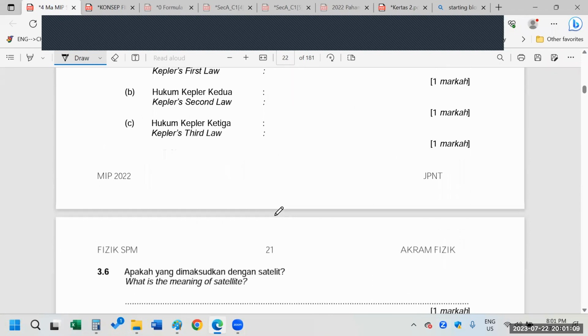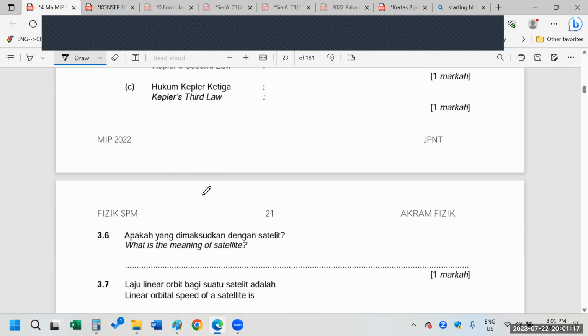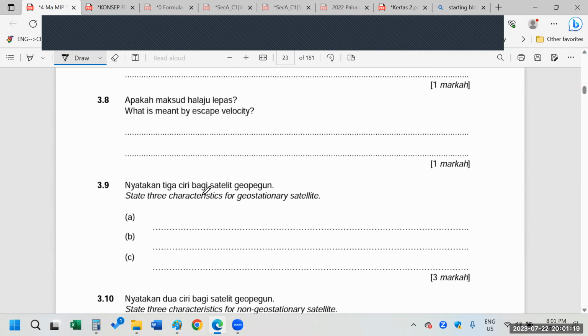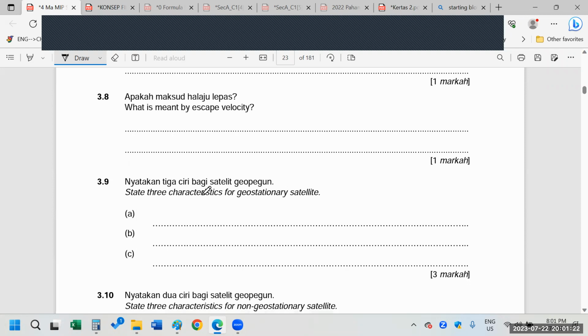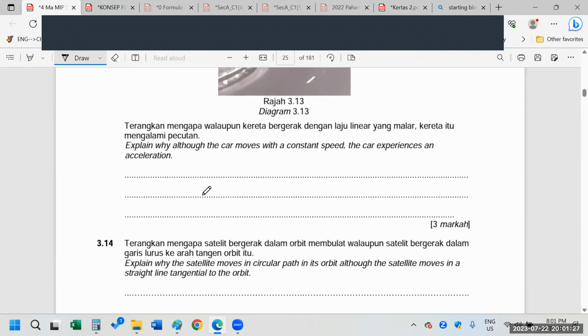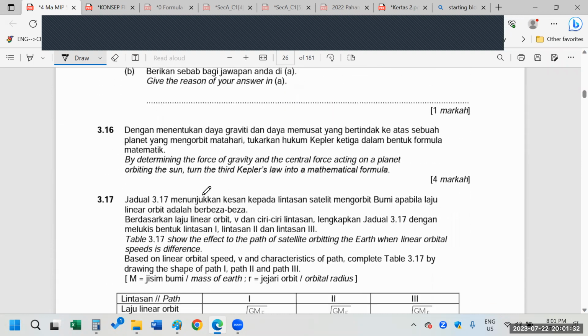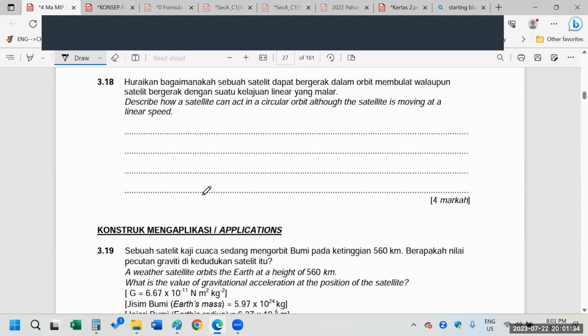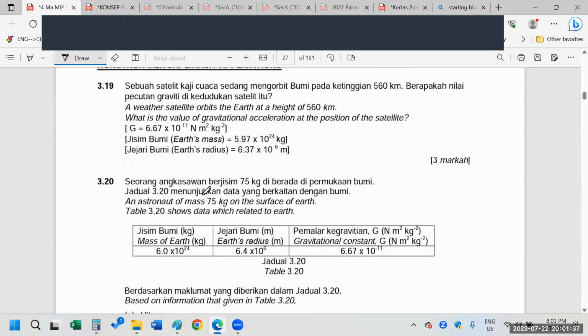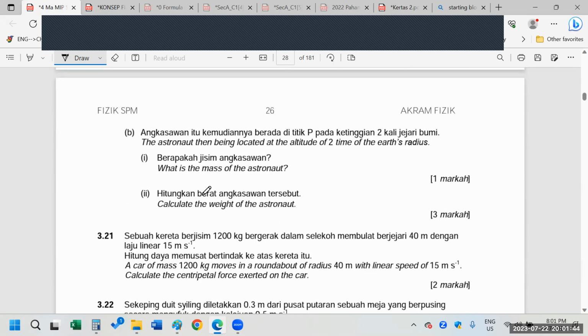So 8 o'clock already. I must know what is Kepler's first law, second law, third law. Then the basic. This time I think got Saturn. Maybe you all focus on Saturn. I think all of you are very good in pressing calculator, right?